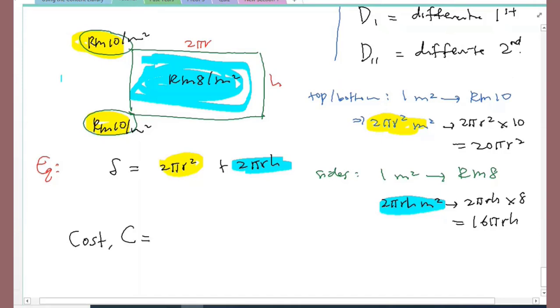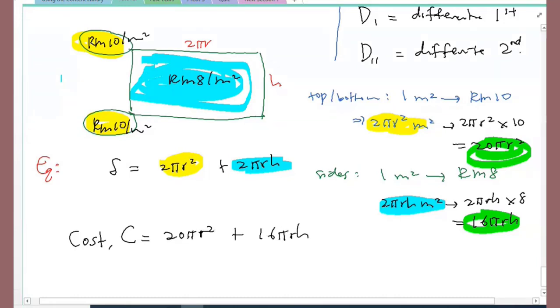C, the most economical. It involves money, the money cost. And then you just have to add both. This one plus this one: 20 pi R square plus 16 pi RH.